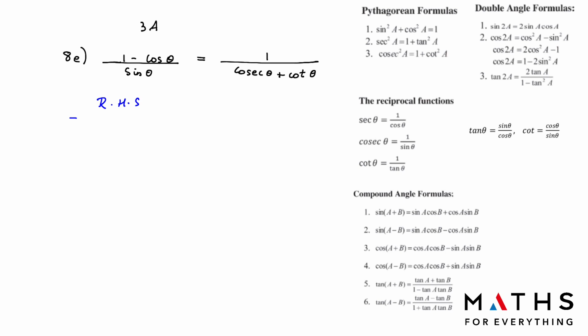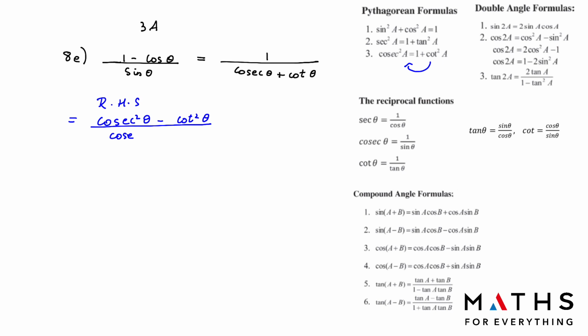If I shift the cosec square theta here, no, I'll shift it the other way. Just a second. Here, so I will have cosec square theta minus cot square theta is equal to 1.